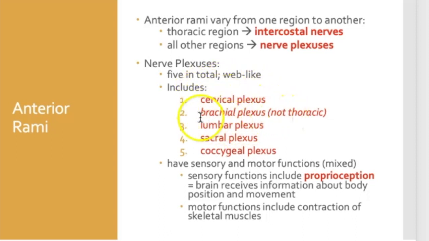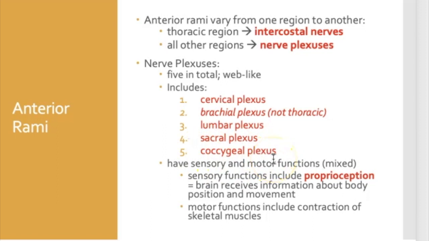The brachial plexus is coming off in the region of your underarm, basically, and innervating structures in your arms. You've got a lumbar plexus and a sacral plexus that are sending out nerves into your legs, and of course a coccygeal plexus as well.